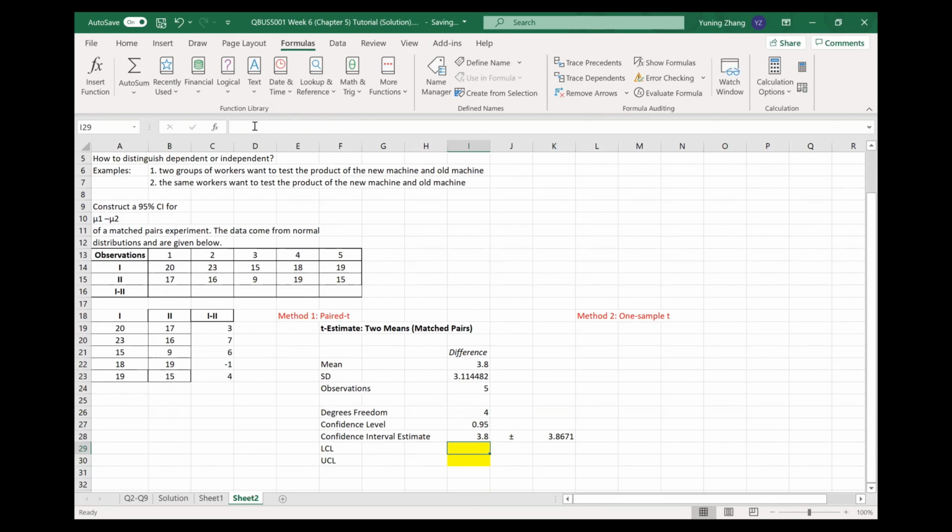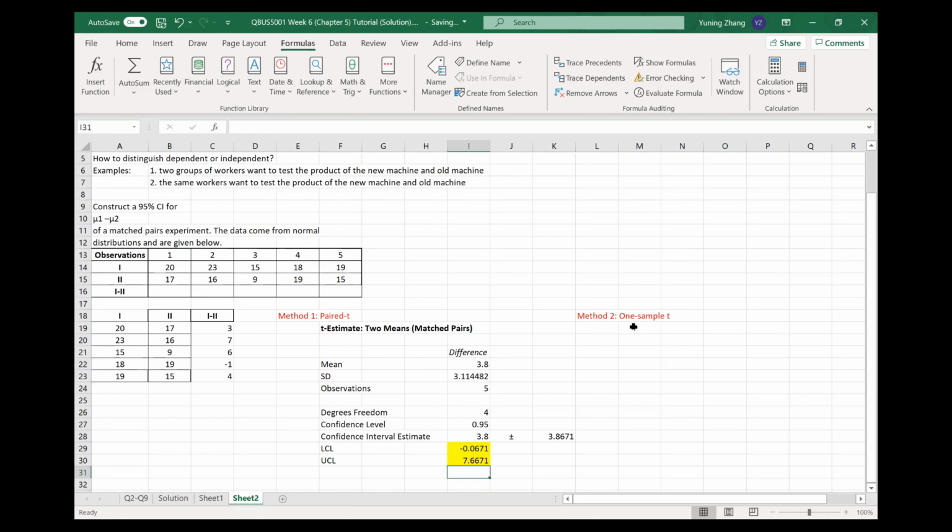So the LCL is 3.8 minus, and the same method is to UCL. So we finish this part.